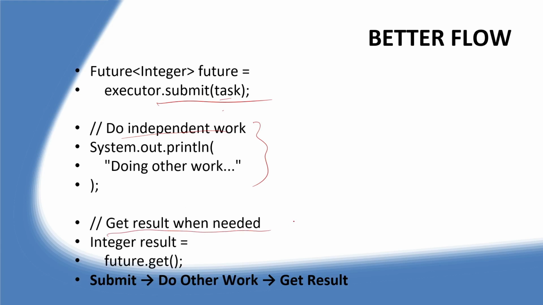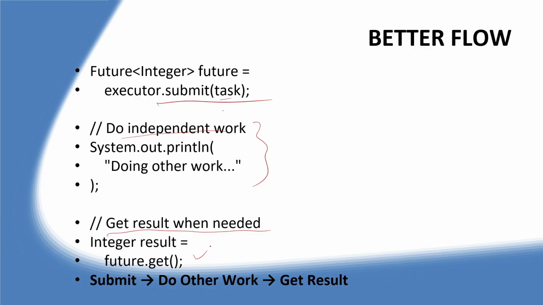If the task is already completed by then, get can return the result immediately; if not, we still have to wait for the result.